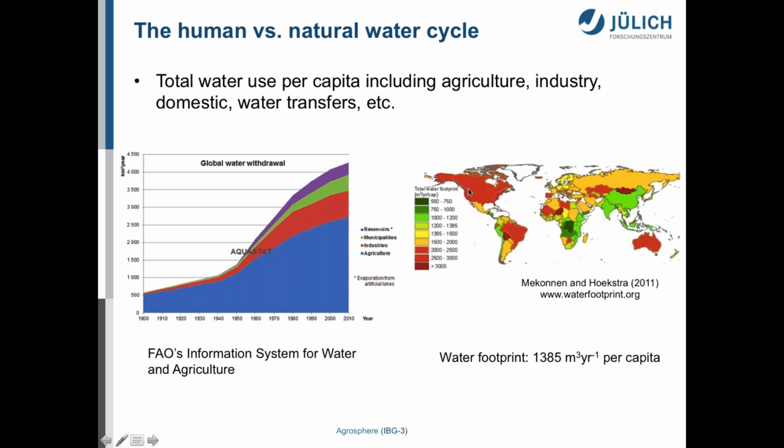And this is maybe on the higher end of human water use data, including also all the water transfers, actually. Okay, what we see here is, let's say on average we have a water footprint of some 1,400 cubic meters per year per capita.